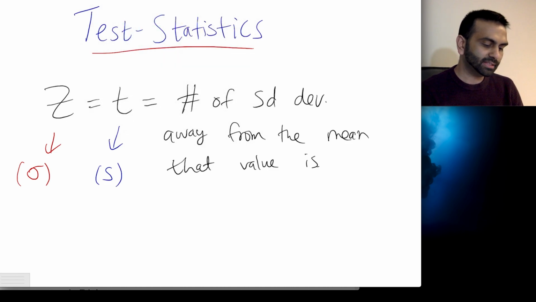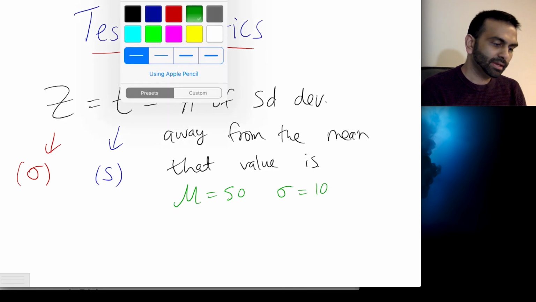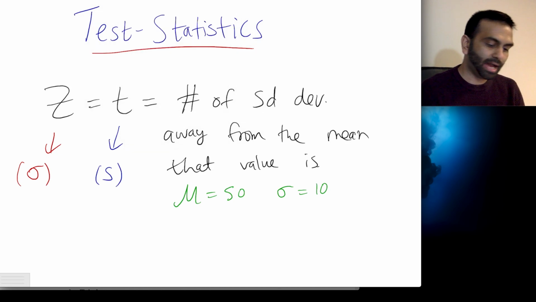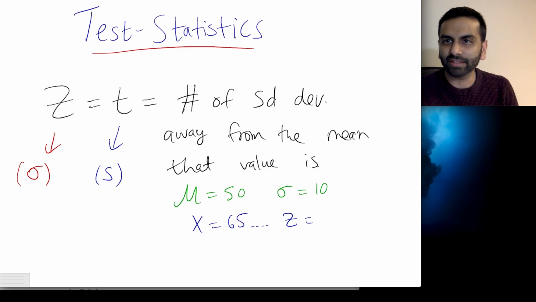If I were to say that the mean is 50, and that the standard deviation is 10, and that my value, my x, is 65, and I were to ask you, what is the z corresponding to that x value?